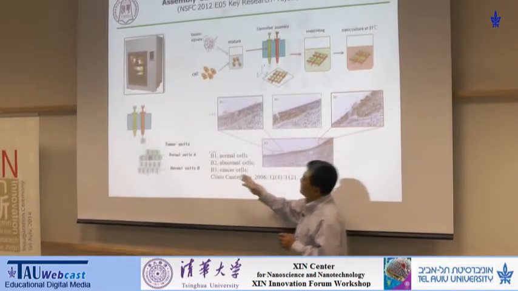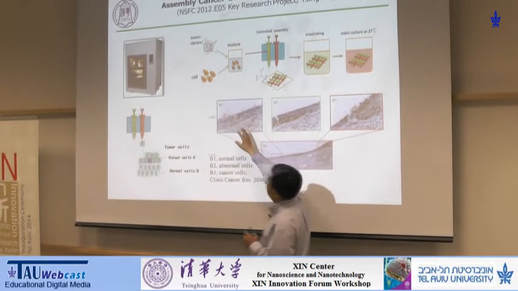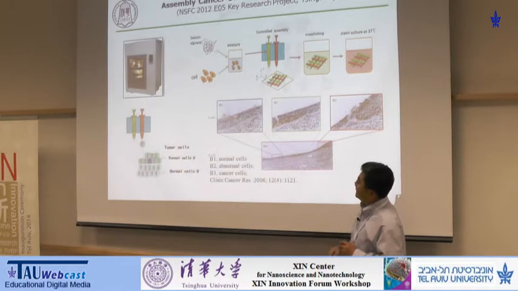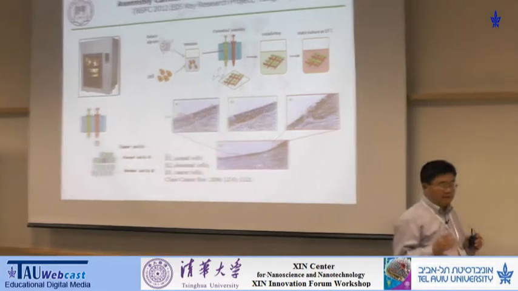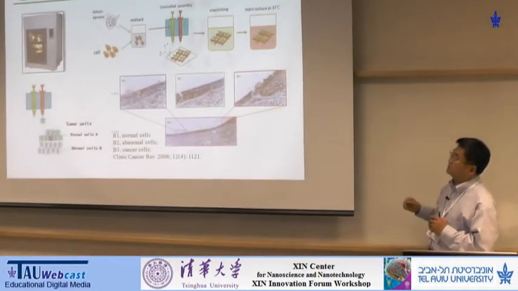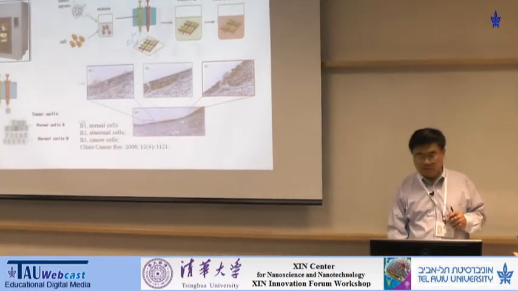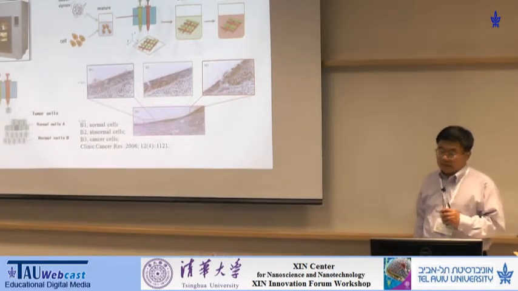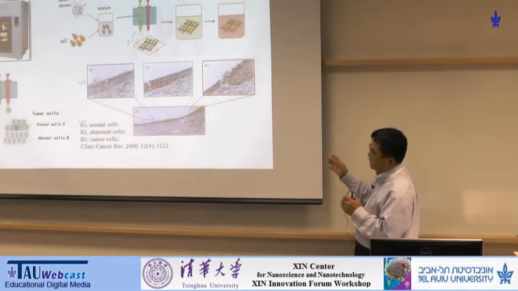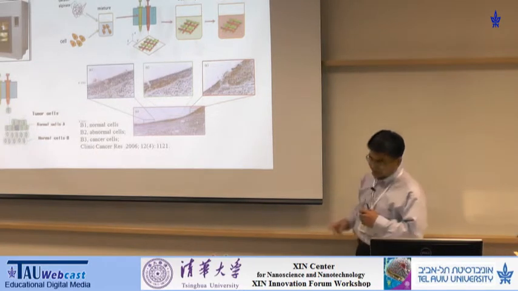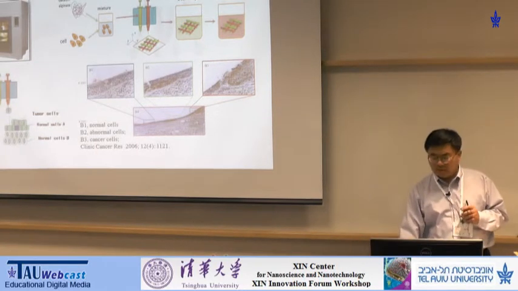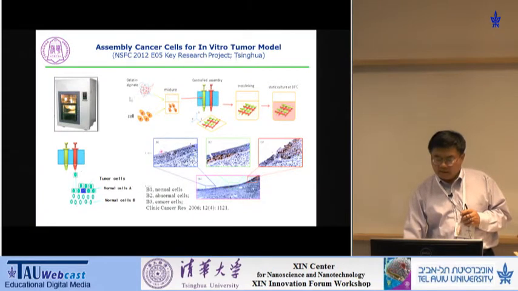So we try to mimic those physiological or pathological conditions here, and build what we call a staged development cancer model. My collaborator, Professor Chen Sujun, and their team are working on this assembling model and how the cancer develops. Okay. And this is the process.